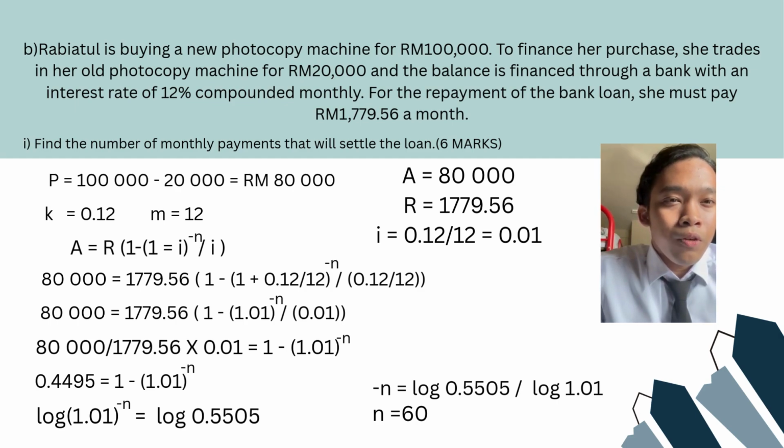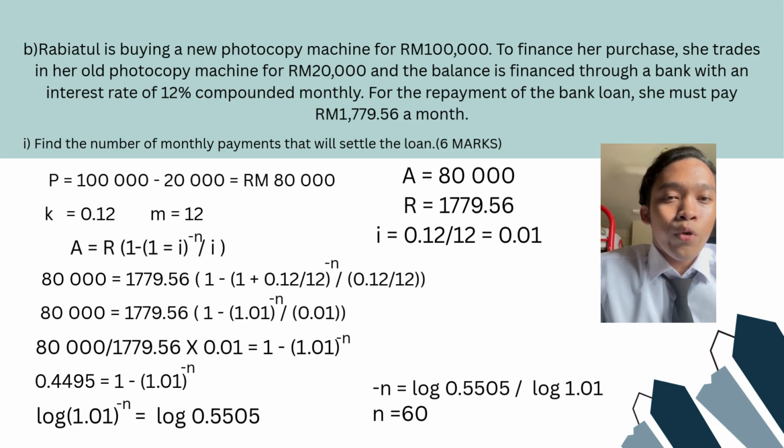Substitute the values given into the formula, that is 80,000 equals 1,779.56 times (1 minus (1 + 0.12/12)^(-n)) per 0.12/12.